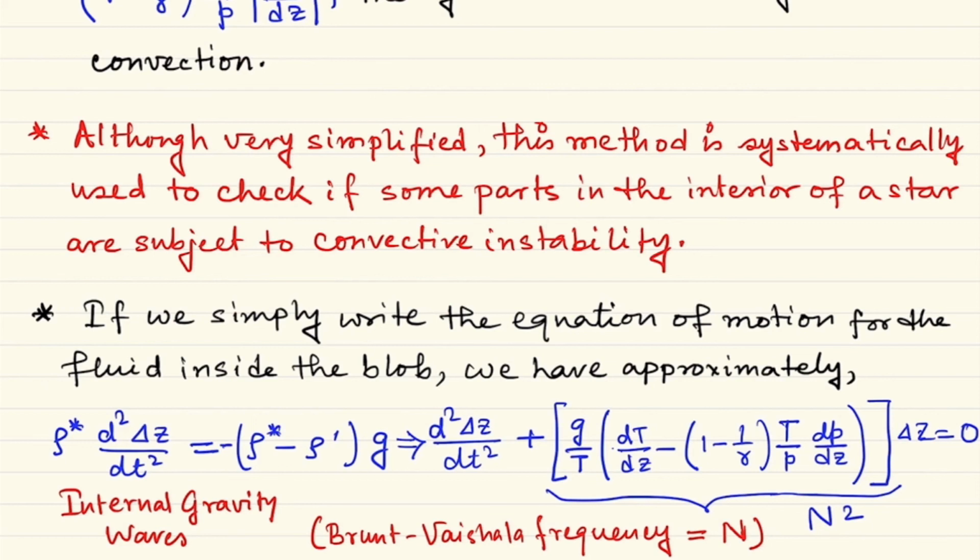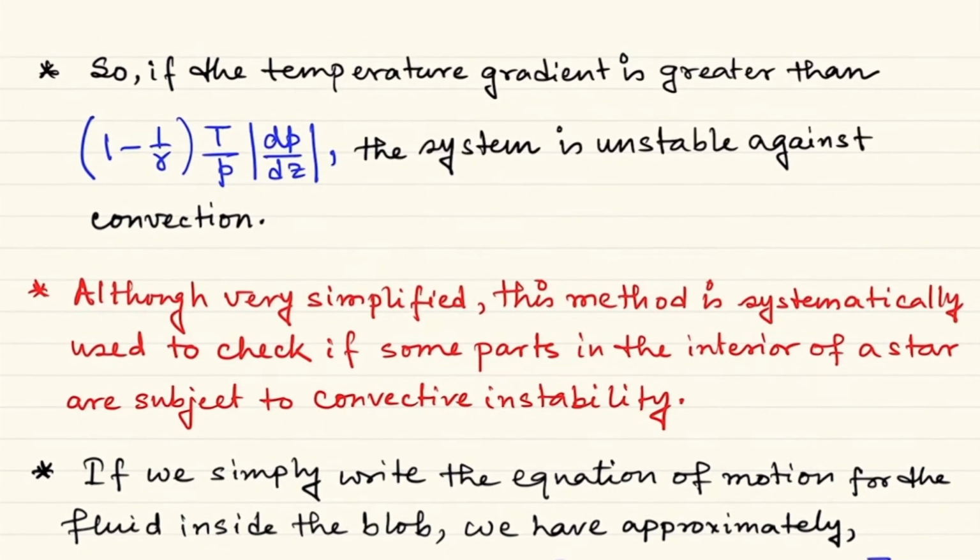Another point we can make here is that if we have this type of equation, then we just check whether this quantity is positive or not. If it is positive, then it is the square of a frequency. If it is negative, then it is not the square of a real frequency, and then the instability comes into play.